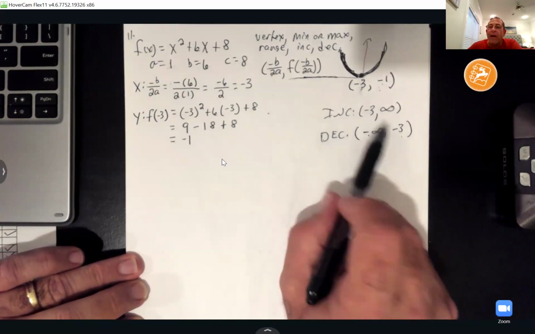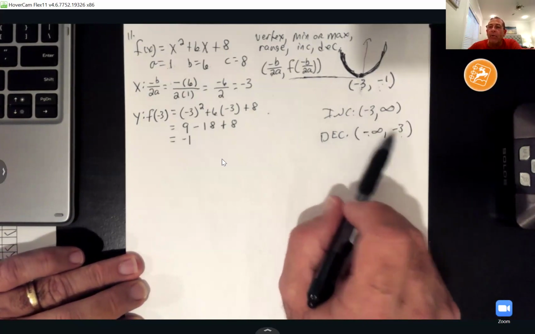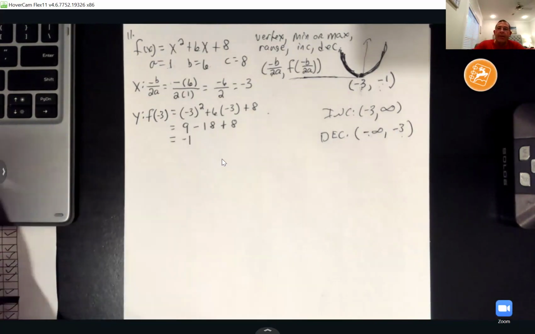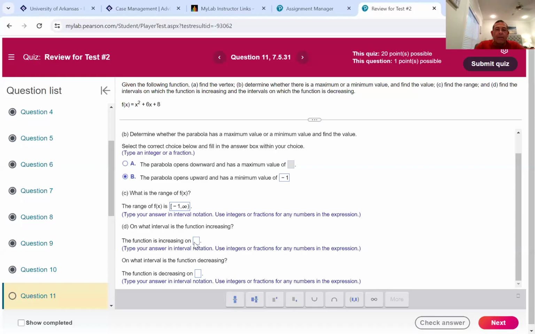Whatever y'all's X value is will be put in here on this increasing and decreasing. So we would put those in. So y'all, increasing, like I said, was the right side, and it started at -3 and went to positive infinity.